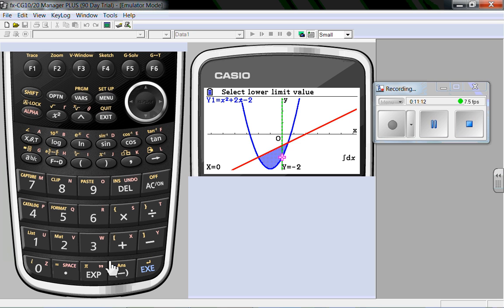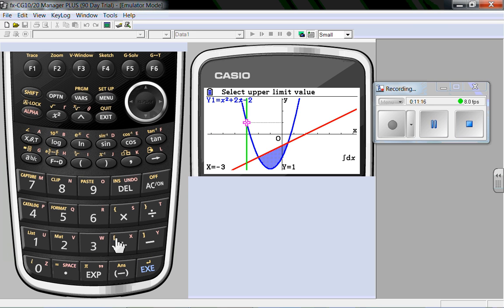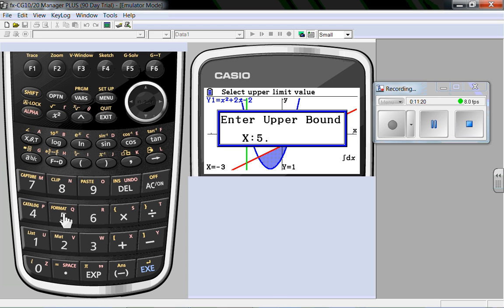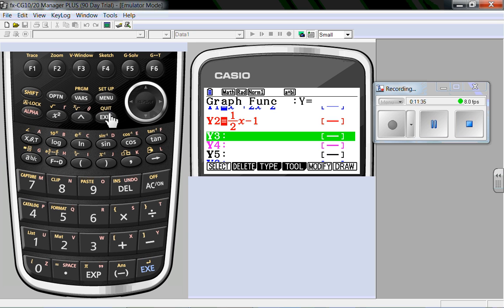Let's go from -3. It'll jump to -3, and I'll go to 5.5. And I've got area, both above and below. And there's my integral. Exit that. Exit one more time.